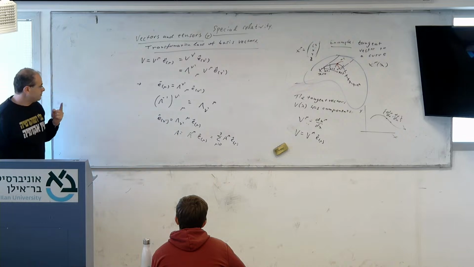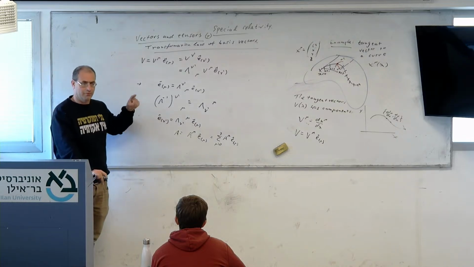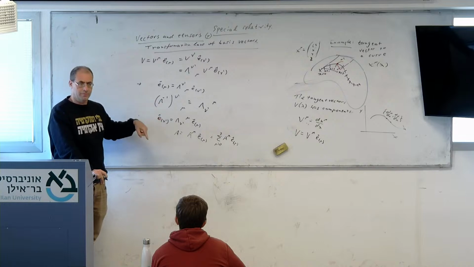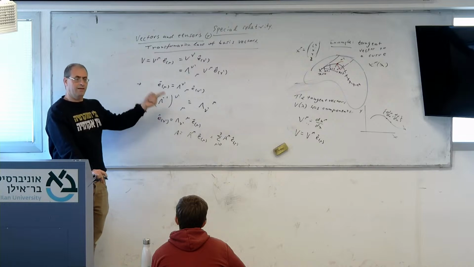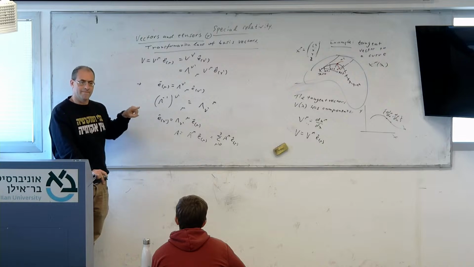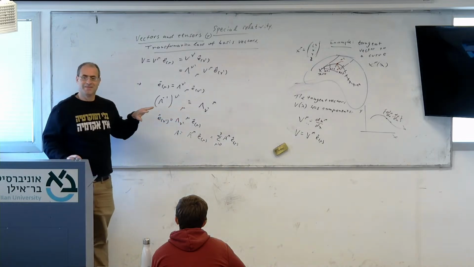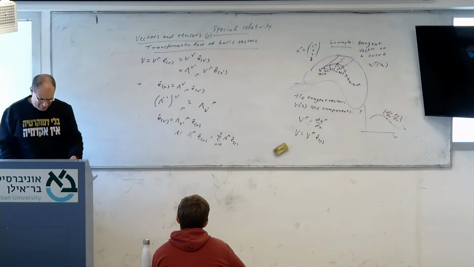So the set of basis vectors transform as the inverse of the Lorentz transformation of the components of a vector. It's not as hard as it might sound, because I don't like the looks on your faces right now. Okay?